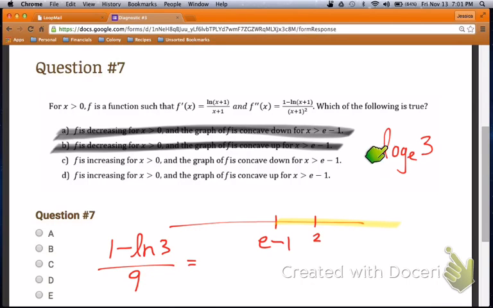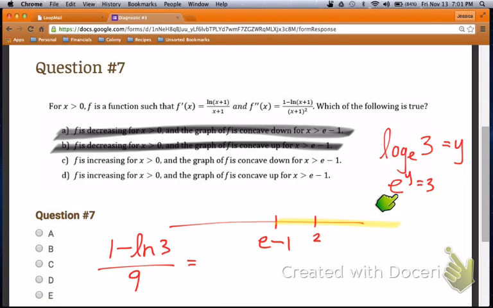So ln of 3 would be log base e of 3, and whenever what you're taking the logarithm of is larger than the base, then it's going to be a number that's greater than 1. Let's just say you don't know what this equals, but you know that it equals some number, like y. If you do that wraparound thing I was talking about, e to the power of y equals 3.